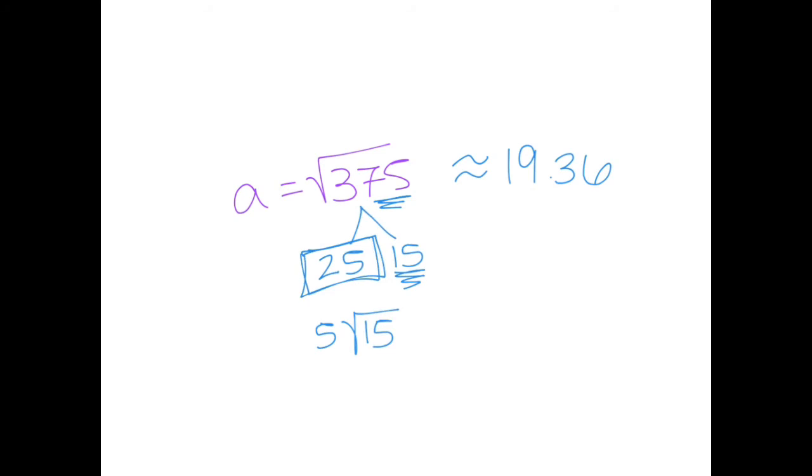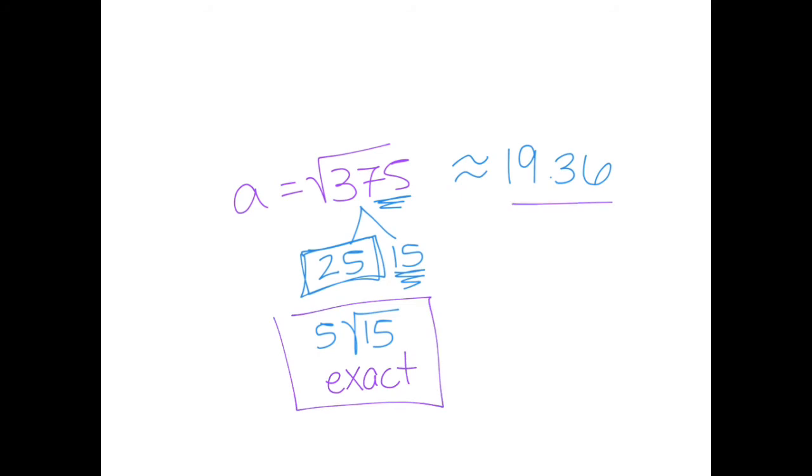Now, if you don't understand this, I really don't want you to stress about it. There were several different methods that get taught when simplifying square roots, so it could be different for everyone watching this video right now. The point is that this value is exact because I did not have to round at all. It is exact and it is simplified.